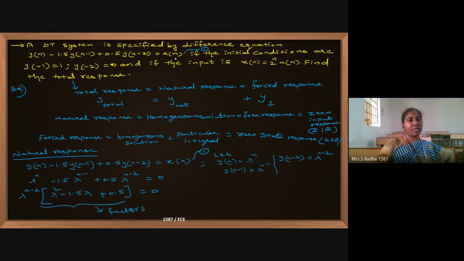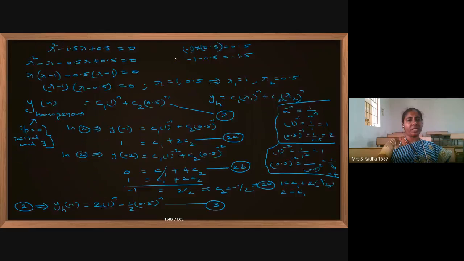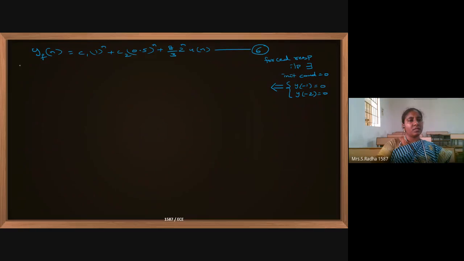Equation 1 is y of n minus 1.5 y of n minus 1 plus 0.5 y of n minus 2 equal to x of n, which is nothing but 2 power n u of n. This is our given question.